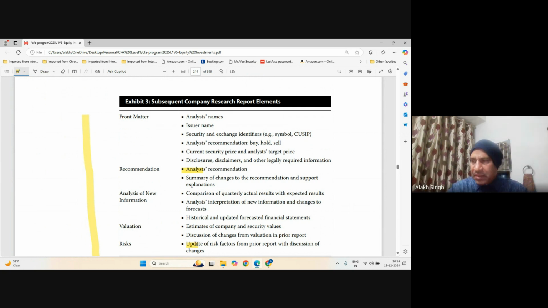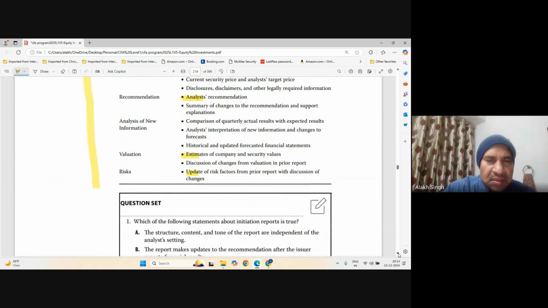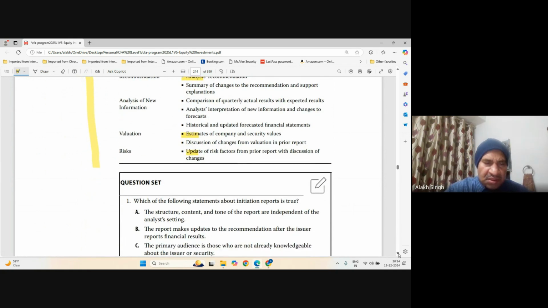So the analyst recommendation is the summary of risk and return characteristics. Then analysis of new information. Since it is subsequent, there has to be new information, and based on the new information, what will be the value? Valuation is of the company and security value. So a subsequent report is much smaller.